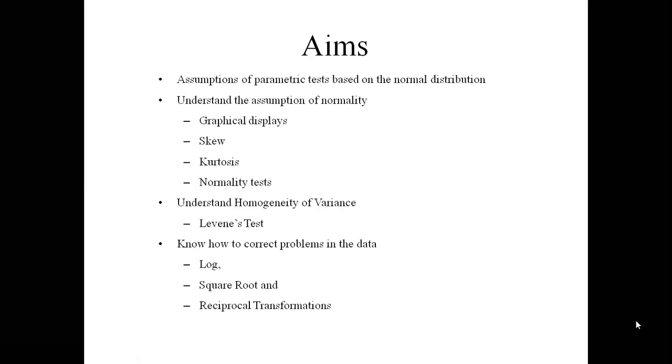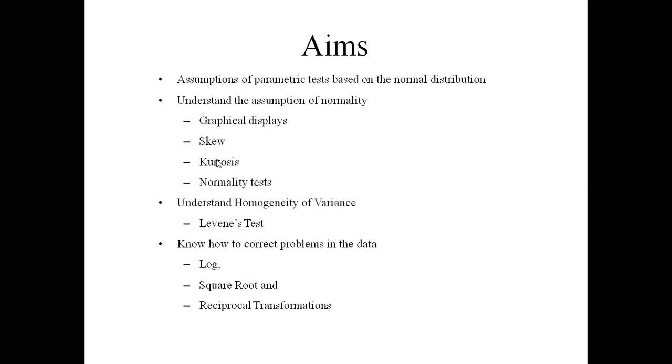So there are three ways to estimate the normality of the data. One is graphical. Through graphs we can identify the normality of the data, so we can create a histogram. Through histogram we can understand the normality of the data. Second is values of skewness and kurtosis.